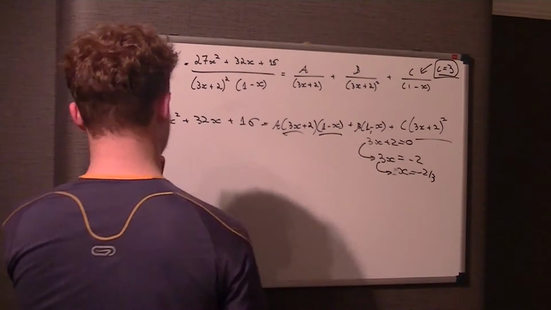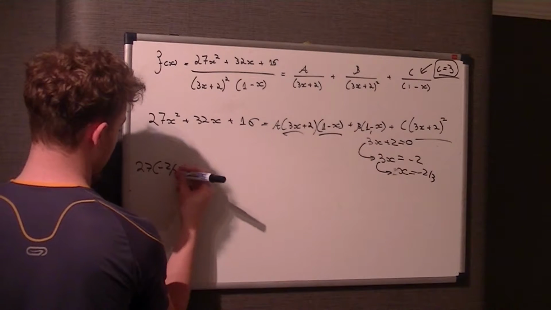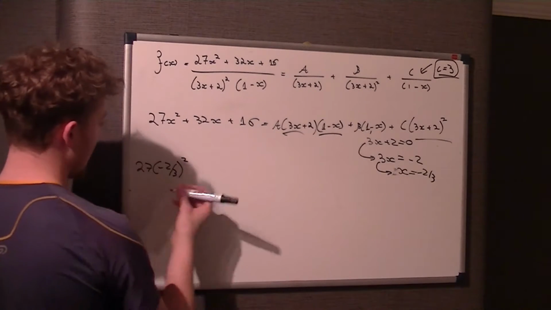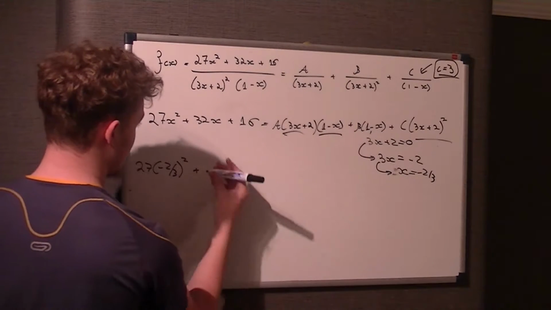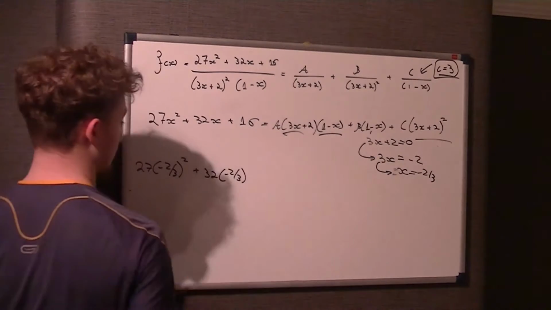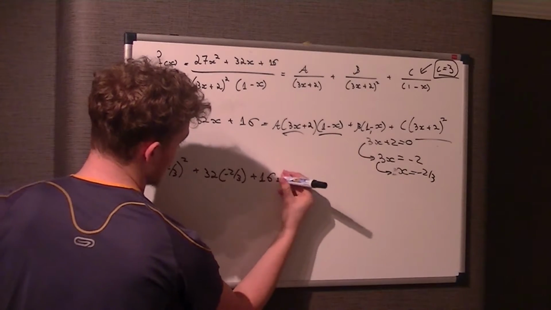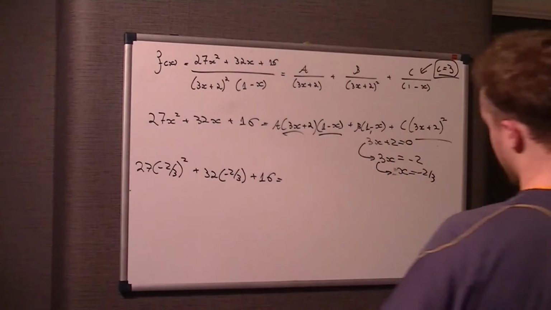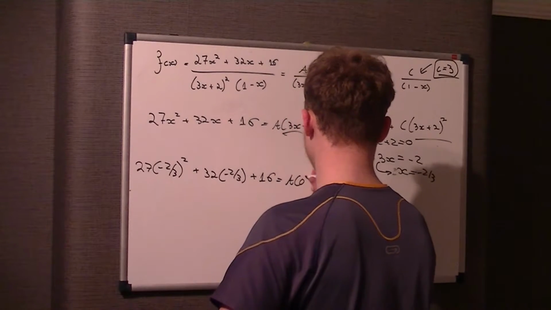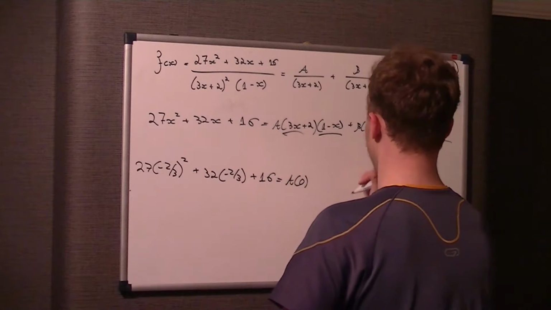So you'd say let x equal minus 2/3, so it'd be 27 times (minus 2/3) all squared, in other words 27 times 4/9, but I'd wait until I wrote it all out before I write that. Plus 32 times negative 2/3, which is negative 64 over 3, but again I wouldn't write that out just yet. Plus 16. A is going to have the factor equal to 0, so you might want to ignore A altogether, but I still write A bracket 0, because A times 0. B is going to end up cancelling as well.